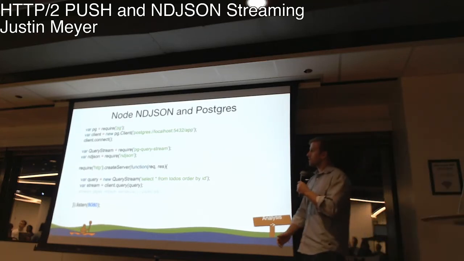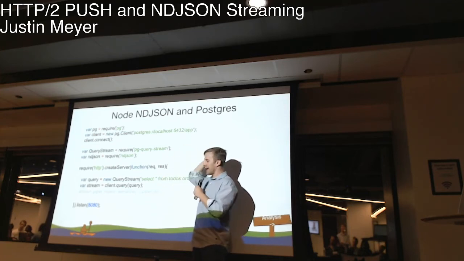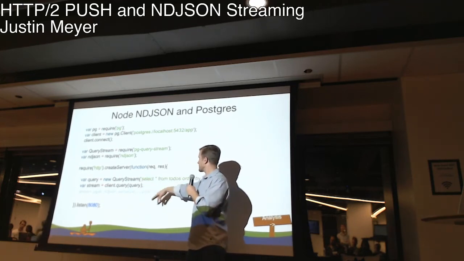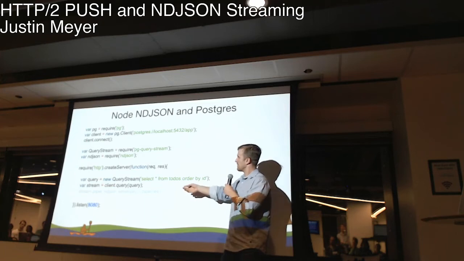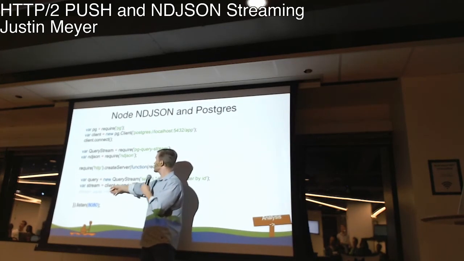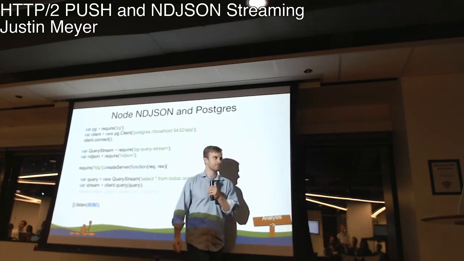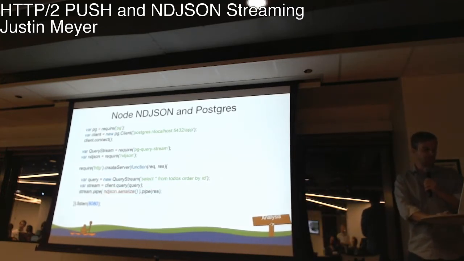I'm essentially just going to create a server, and any request that comes in to my port is going to be handled by this. I create one of those query streams to select every single to-do and order it by ID. It looks just like normal SQL. Then you pass that query to the Postgres client, and that gives you back a Node stream, which is different than those readable streams, but similar in concept.